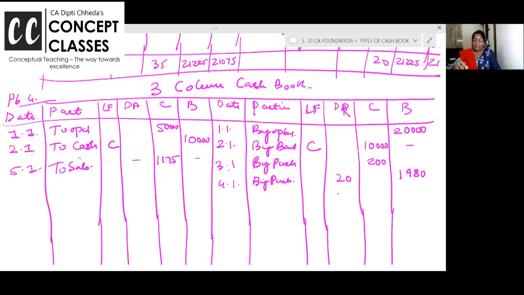Discount allowed is 12.5% of 800. Calculate, how much is it? 800 into 12.5%. So 100 is the discount. And the remaining amount is received in the bank.